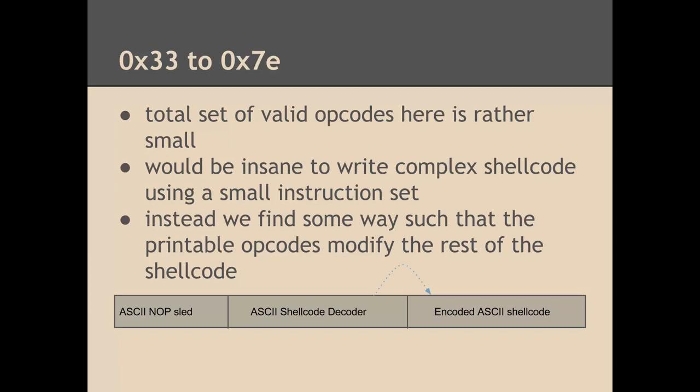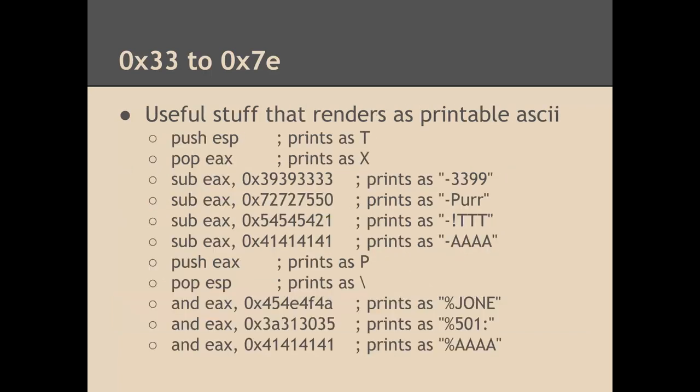So the way this is done is you find some sort of algorithm that allows you to use the very limited instructions you have in this range to do some form of encoding. So these are examples of assembly instructions that map to actually valid ASCII.